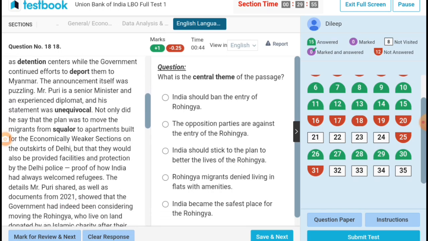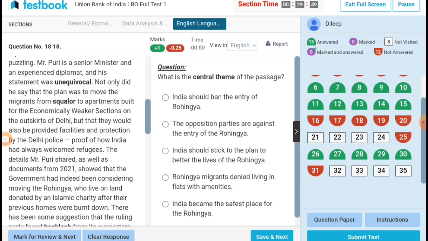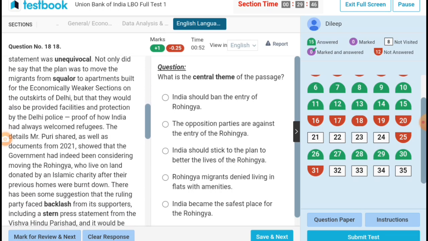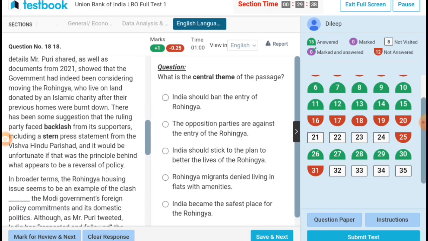The announcement itself was puzzling. Not only did he say that the plan was to move the migrants from indeed been considering moving Rohingya.